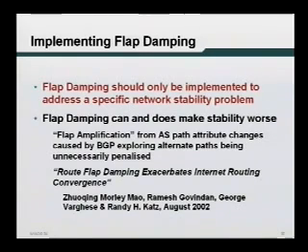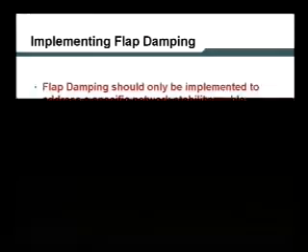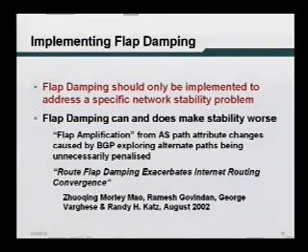Because flap damping can and does make stability worse, depending on how you connect your upstream ISPs, how richly they are all connected. Several ISPs have seen this, certainly in the late 90s, and this particular paper, this study by Morley Mao and friends, Route Flap Damping Exacerbates Internet Routing Convergence.